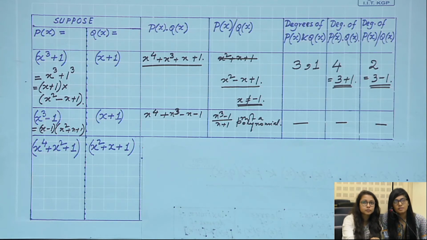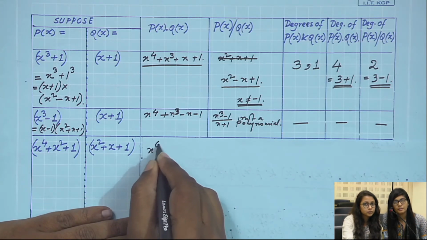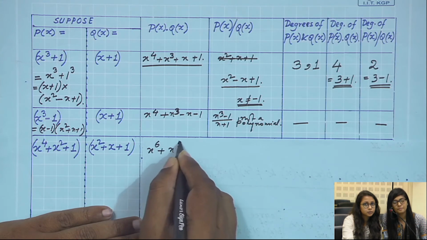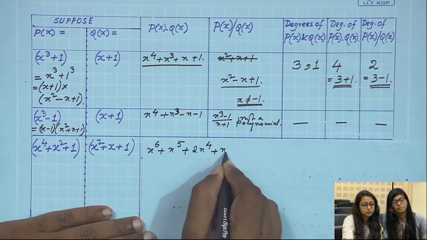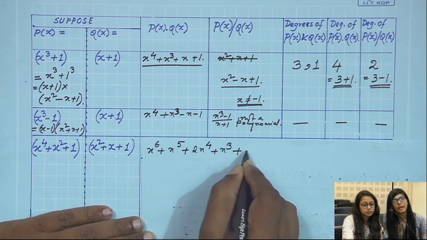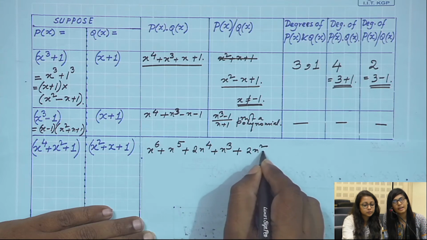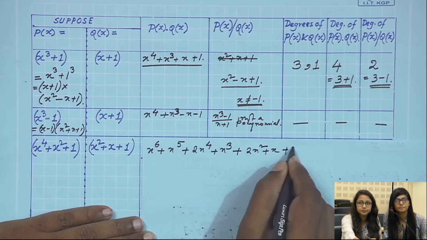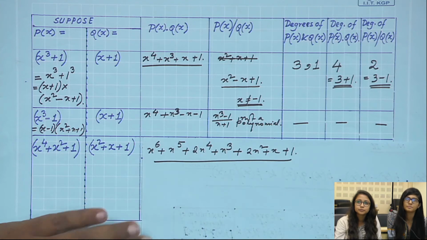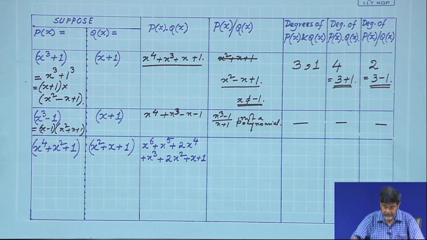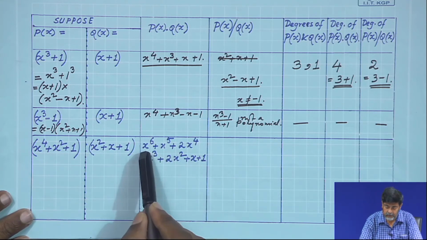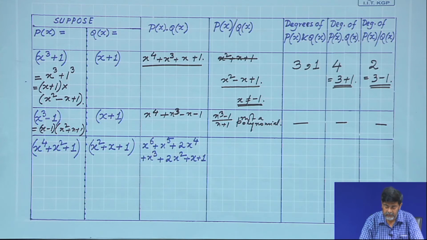What will be the result? x to the power 6 plus x to the power 5 plus 2 x to the power 4 plus x cube plus 2 x square plus x plus 1. Thank you. Therefore, the product is, as has been written here earlier, x to the power 6 plus x to the power 5, etcetera. And what is for Px by Qx?